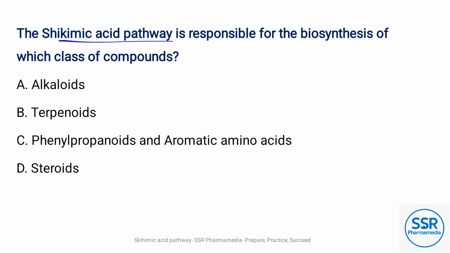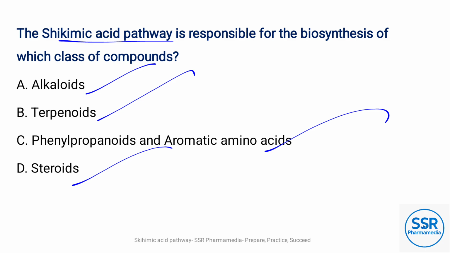The Shikimic acid pathway is responsible for the biosynthesis of which classes of compounds? Option A, alkaloids, option B, terpenoids, option C, phenylpropanoids and aromatic amino acids, option D, steroids. These MCQs are very important for GPAT, RRB and other competitive exams like drug inspector and other state competitive exams.